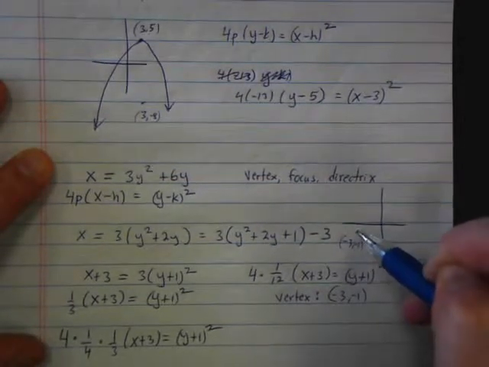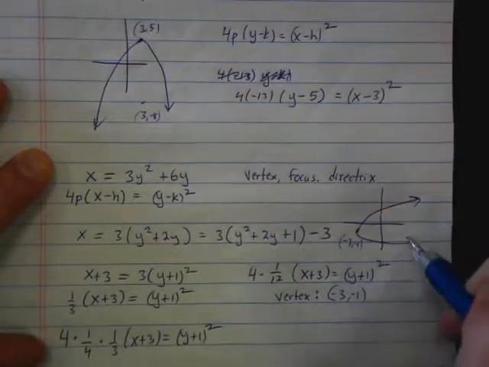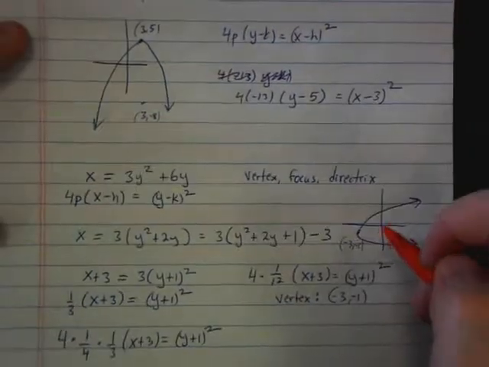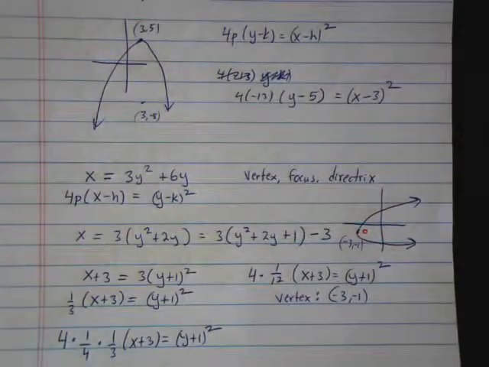We decided this parabola was opening to the right, like so, which means my focus has to be right about here. So where's my focus? 1/12 to the right. That's correct. And I'm just going to write it that way.